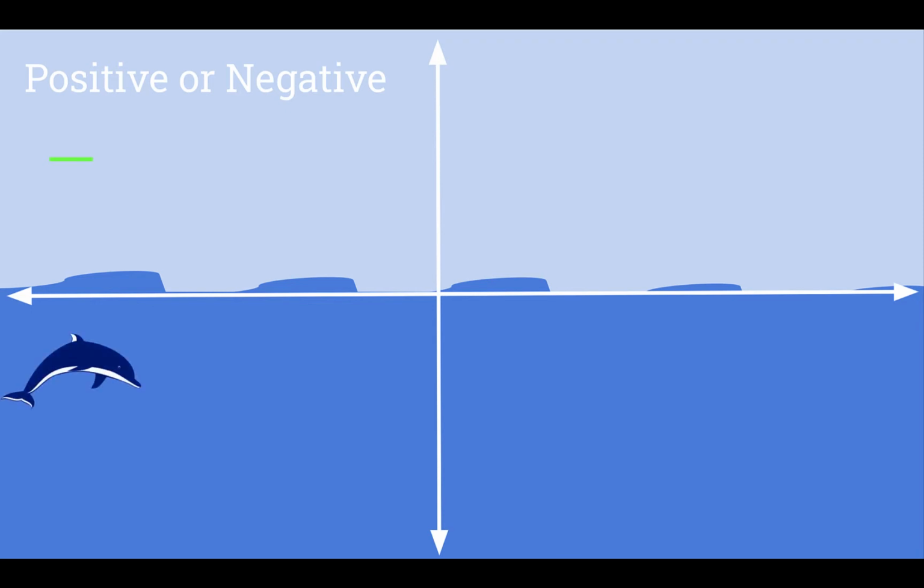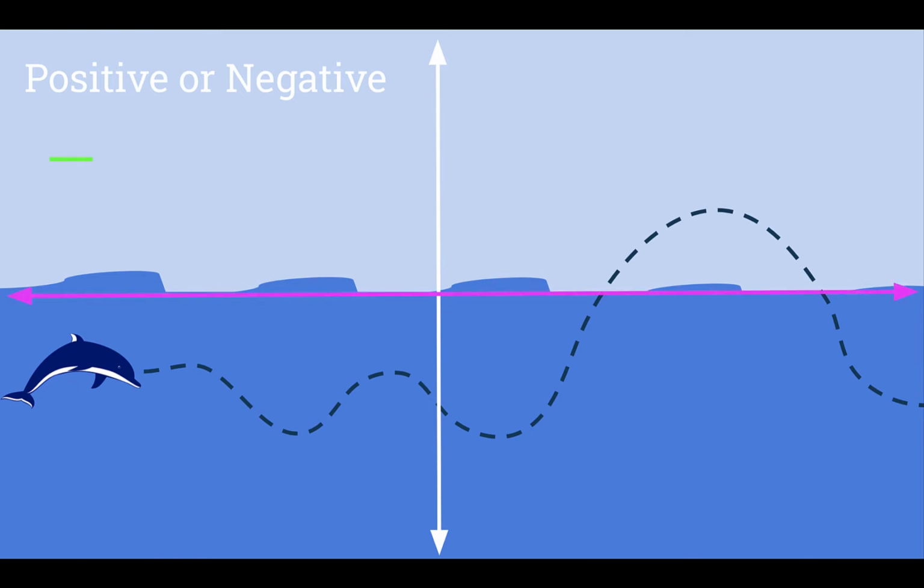If we had a dolphin here and it swam through the water and then jumped out of the water and then back in, we have a couple different things that are happening here. So in terms of positive or negative, we're going to base that on the surface of the water, which is the x-axis. So when the dolphin is in the water, it's below the surface, those are times where it would be negative. It's below the x-axis.